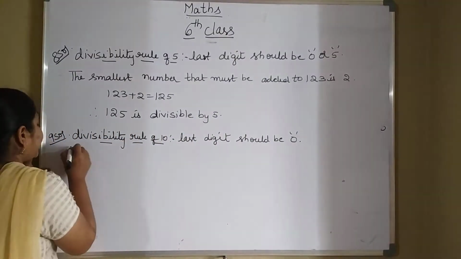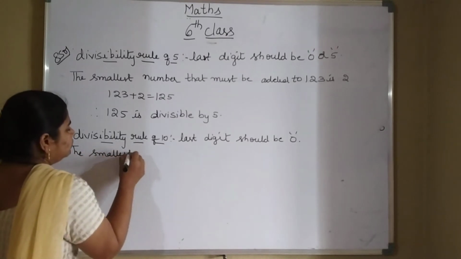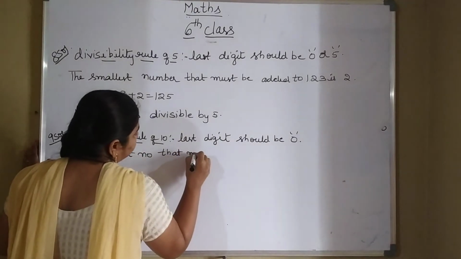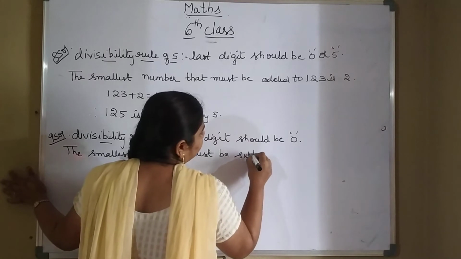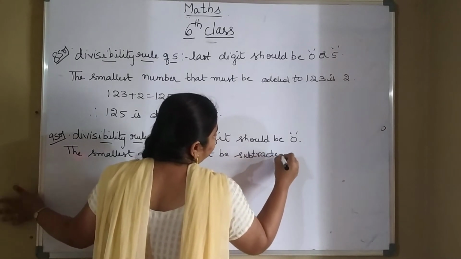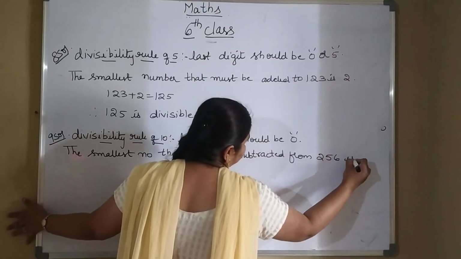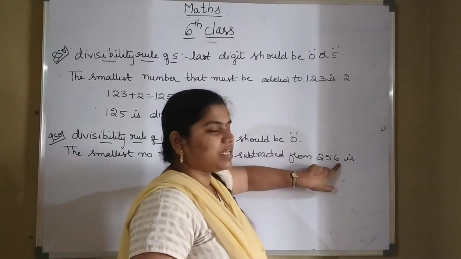So what you will write here, the smallest number that must be subtracted from 256 is. So which number you will subtract to make this last digit as 0?